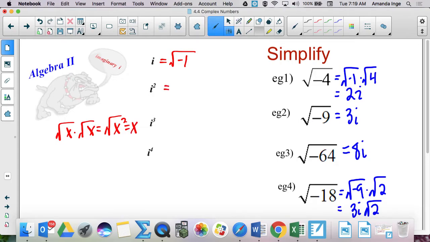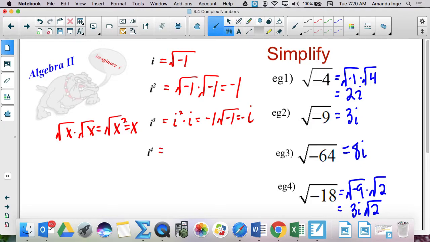So if you think about i squared, it would be equal to the square root of -1 times the square root of -1, which is equal to -1. i cubed is equal to i squared times i, which is -1 times the square root of -1, which is equal to -i.